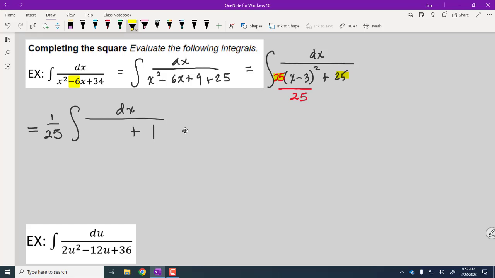So when we rewrite this first term in the denominator as a square, what will it be? Correct. So now we have a sum of squares in the denominator with a trailing 1.